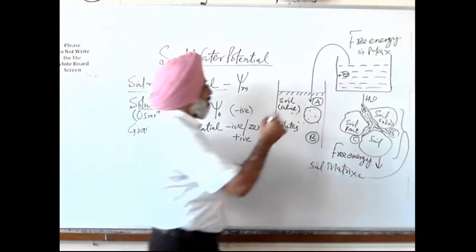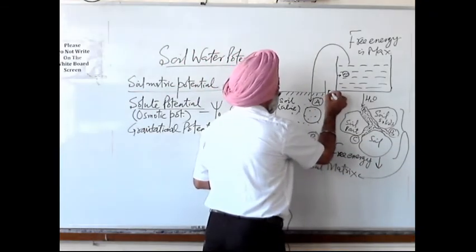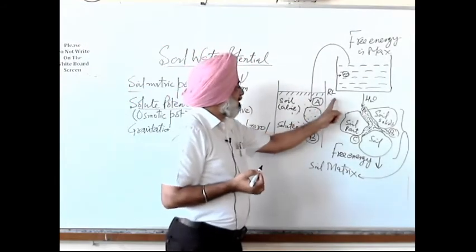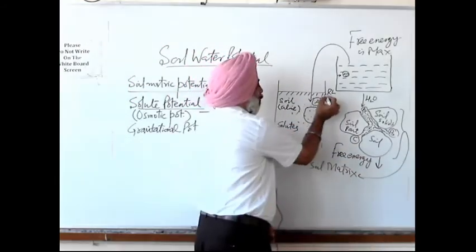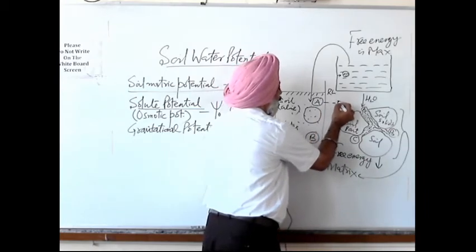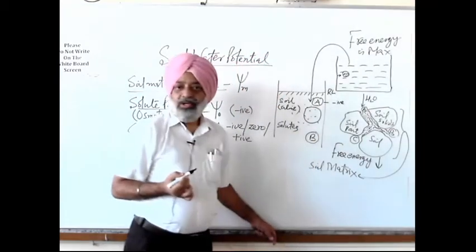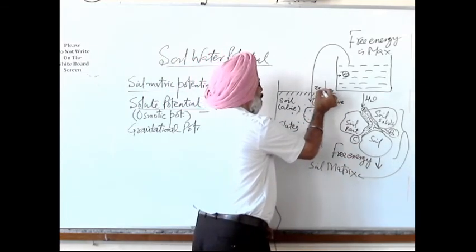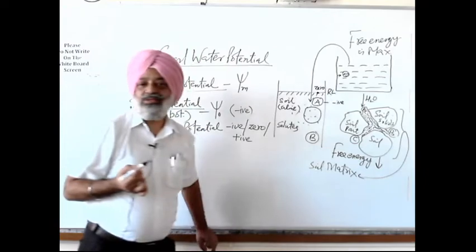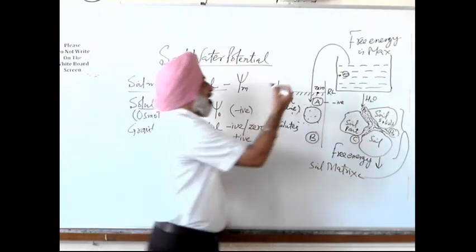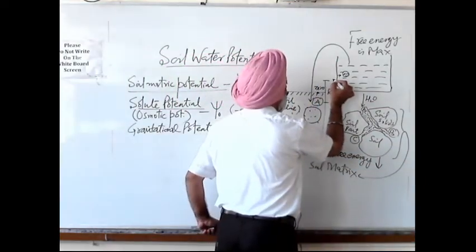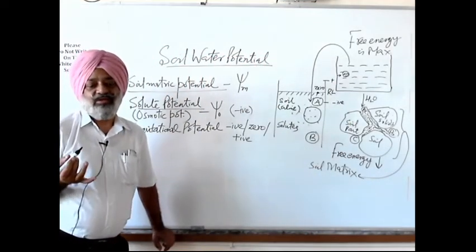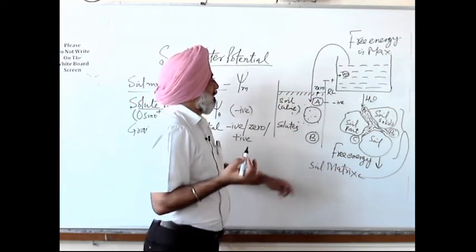What we do is that we select a reference level. You can select a reference level at any point, say over here. So we say this is the reference level, and if your point is below the reference level, then it will be negative. If this point A is present over here, then it will be 0, because the point is at the reference level itself. If it is above the reference level, then it is positive. So it depends upon the reference level where your point is.